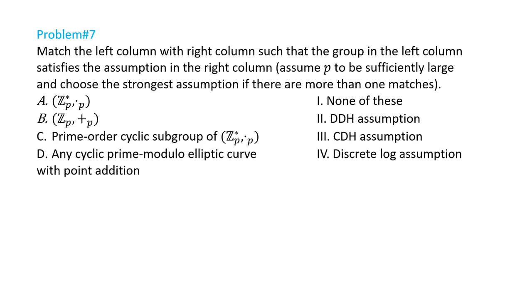P is of the form R times Q plus 1, then the subgroup of ZP star of order Q, with this property satisfied that P is equal to RQ plus 1, that prime order cyclic subgroup with a sufficiently large value of prime P, actually all three assumptions hold: discrete log, CDH and DDH.